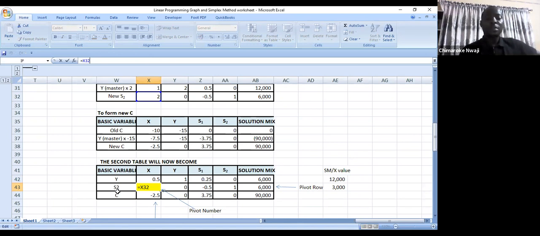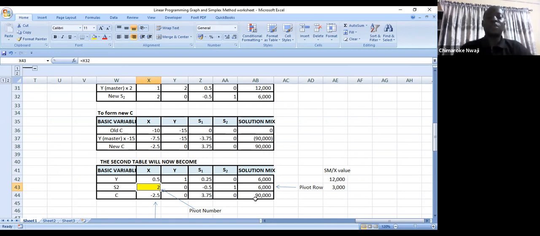Now, my S2, that's it here. Then C, my new C is this C that I'm having all here. That's this. So now that your new second table has been created, we want to check if optimality has been achieved.